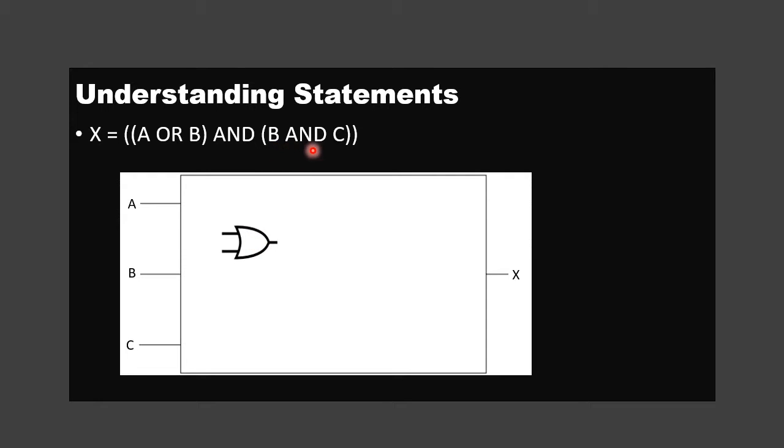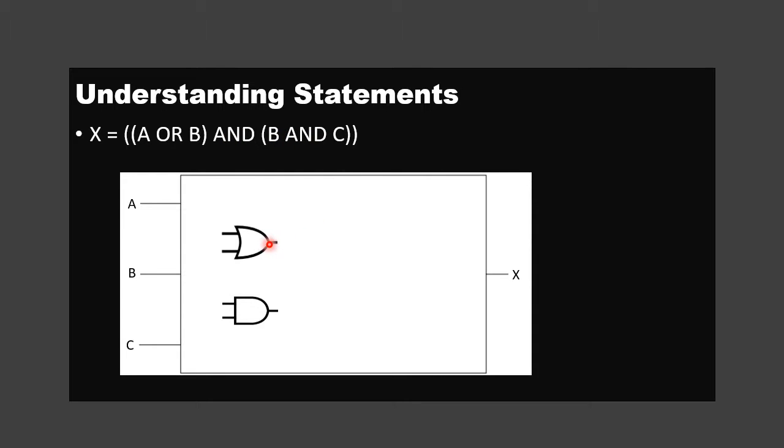Now the next innermost or the smallest bracket is B and C. We have an AND between B, C. So we're going to place the AND gate here between the B and C lines. Next, we have seen that there is an AND gate between these two brackets, or the AND gate is taking these brackets as inputs.